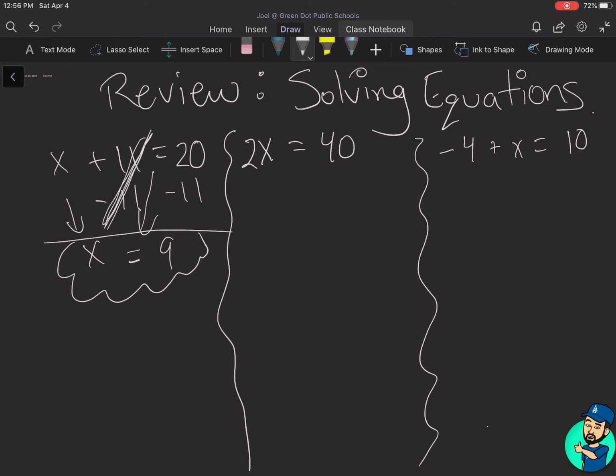Now in the middle, 2x means 2 times x. So I need to divide both sides by 2. X equals 40 divided by 2. That means, what's half of 40? 20.